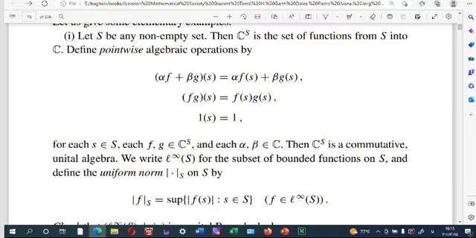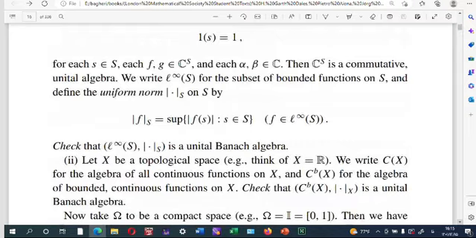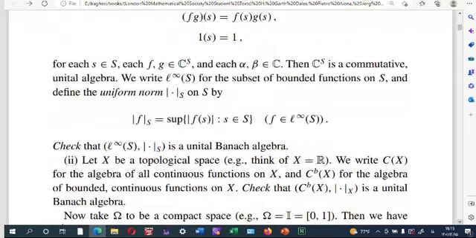It is easy to check that this is a norm function. Okay, and we can check this easily, and we can write this for you, or you can consider this as a very easy exercise. Okay.